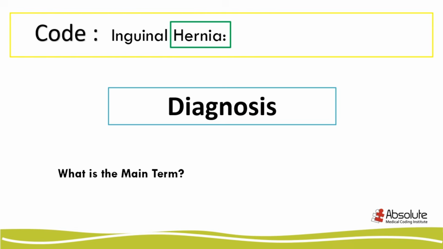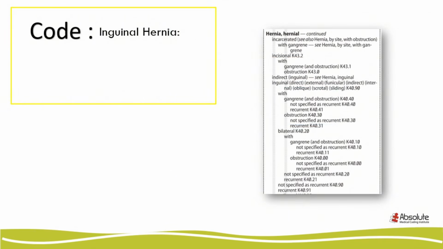All right, so our main term is hernia. Let's go ahead and look it up in the alphabetic index. Hernia. Now it's time to look up our subterm. Yes, you look up subterms. And after you've located hernia, you scroll down until you find your subterm.